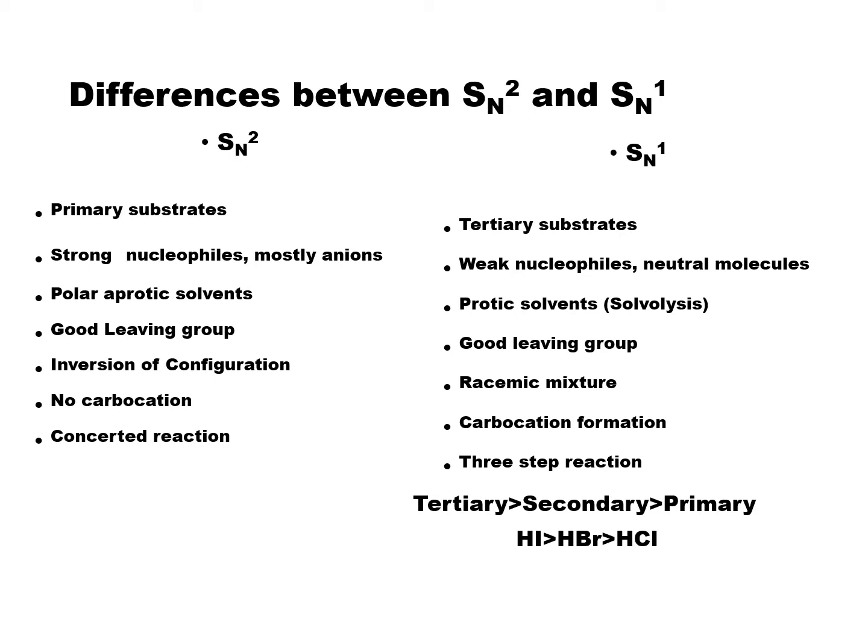The second factor that affects these reactions oppositely, of course, is the nature of the nucleophile. SN2 reaction favors negatively charged nucleophiles because the nucleophile is supposed to start the reaction in SN2, and it has to be very reactive.